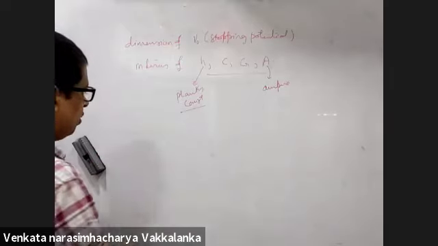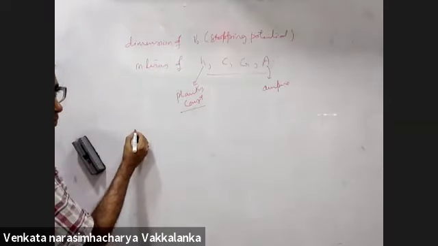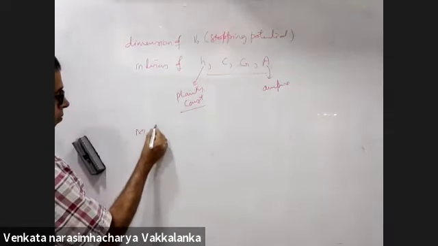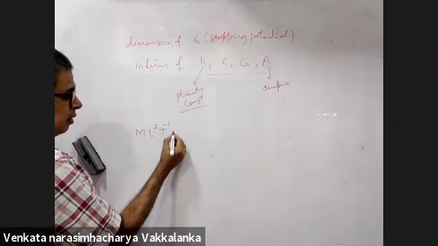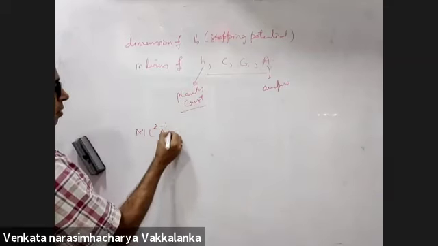In terms of stopping potential, you want in terms of this. Write the dimensional formula of potential. What is the dimensional formula of potential? M L square T to the power -3 A to the power -1.